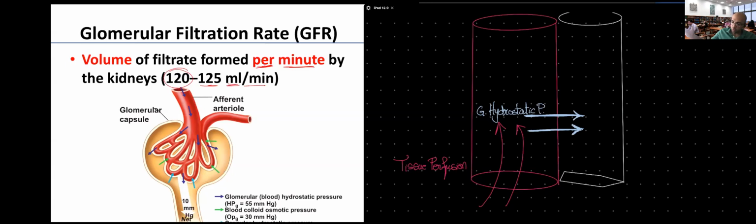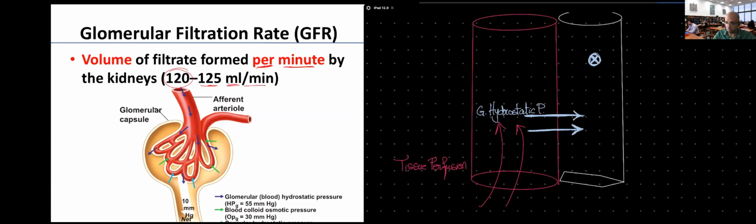Do I have any fluid on the other side? Do I have any fluid in the Bowman's capsule on here? What do you think? Do you have any fluid in the Bowman's capsule? Yes.